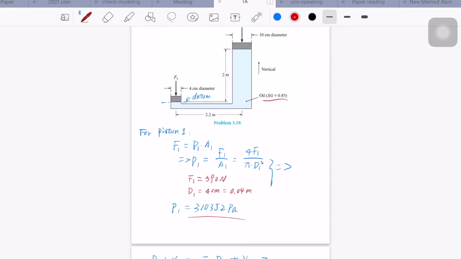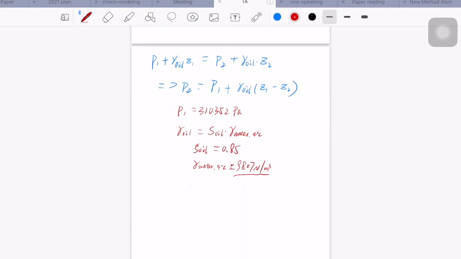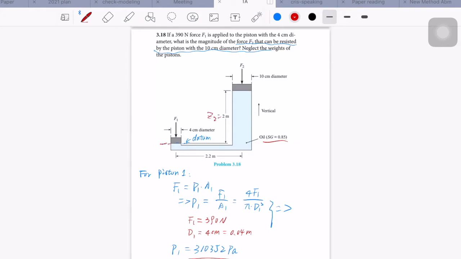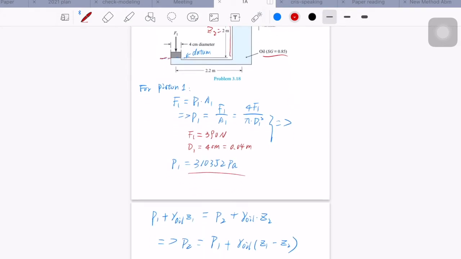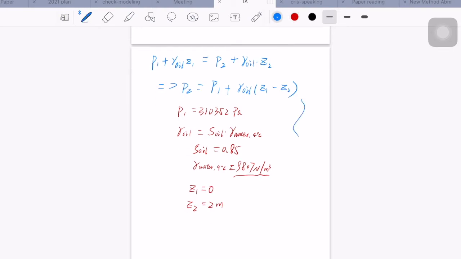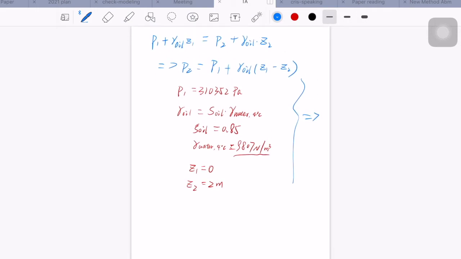And since this surface is at the datum, Z1 is 0 and Z2 is 2 meters. So now we can determine that the P2 should be equal to 293,680 Pascal.